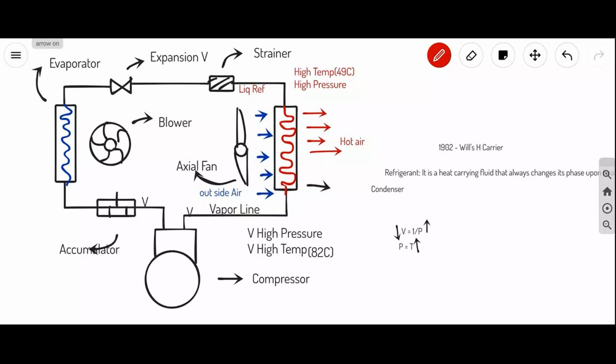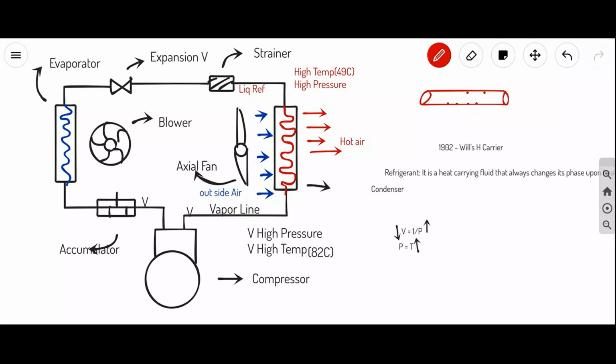Copper pipes are not well finished, so there may be some metallic particles like this. To remove those impurities, we go with the filter.